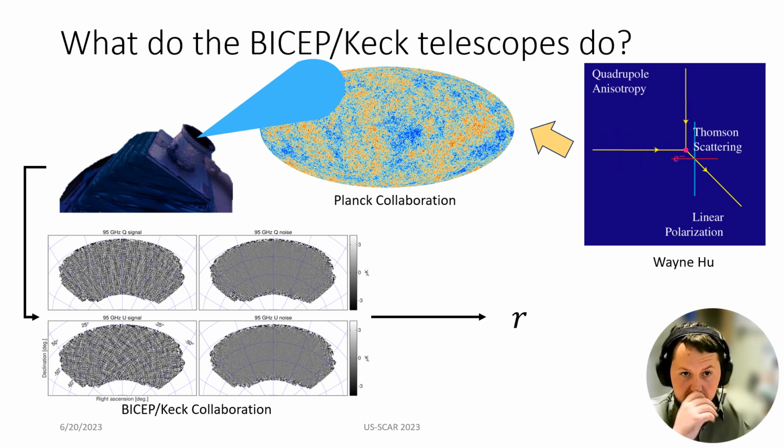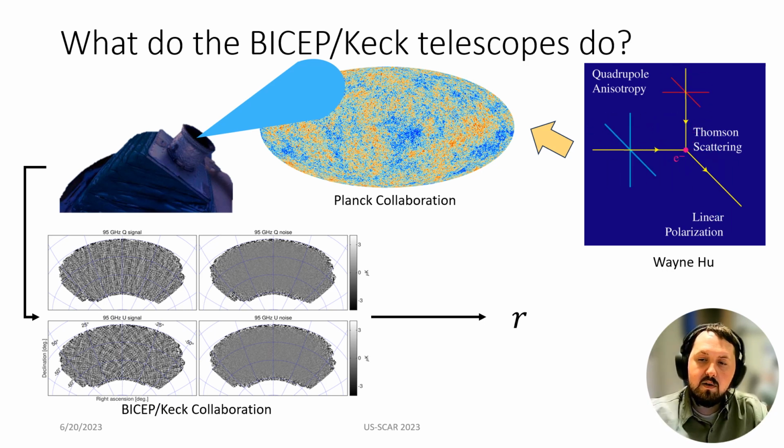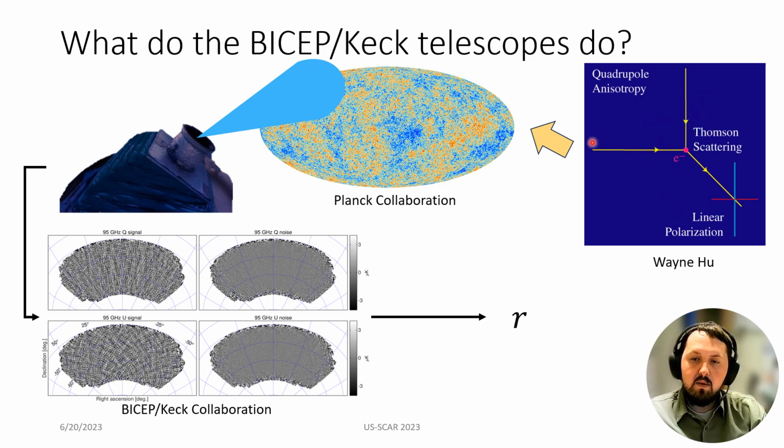So, what do the BICEP Keck telescopes actually do? Taking a step back, the Big Bang happens, and it's believed that immediately after, a period of inflation occurs, a period of rapid spatial expansion. This rapid expansion produces primordial gravitational waves, which interact with the hot, dense universe to imprint a particular polarization pattern in the relic light we see in the early universe.